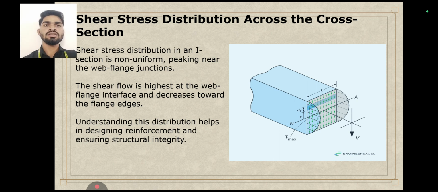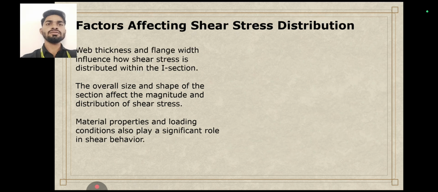The shear flow is highest at the web-flange junction, with a decline towards the flange edges. Understanding this distribution helps in designing reinforcement and ensuring structural safety.